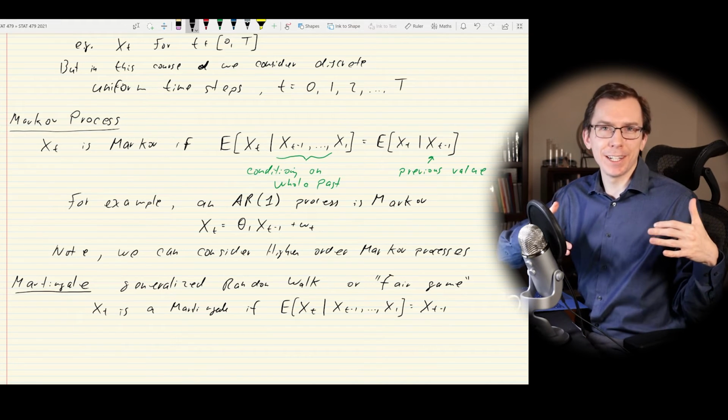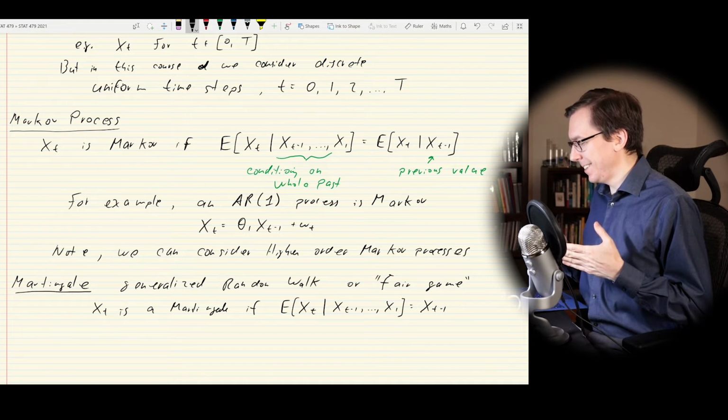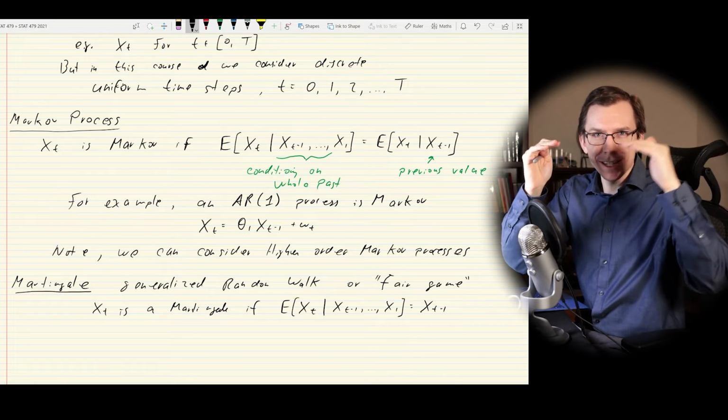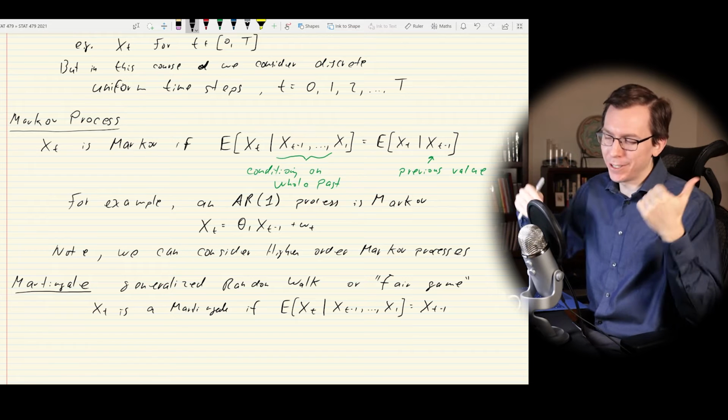So this is very much like the random walk. If we want to know where we expect to be at time t, we just look to the previous time point and say, it's what we saw 1 time unit ago.